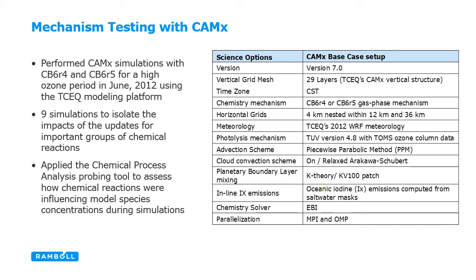Overall, we performed 9 simulations to isolate the impacts of updates for important groups of chemical reactions, such as the photolysis and the OH plus NO2 reaction I was just discussing on the previous slide. And we also applied the chemical process analysis probing tool to give us more information on how the chemical reactions were influencing model species concentrations and the production and destruction of ozone and other species.